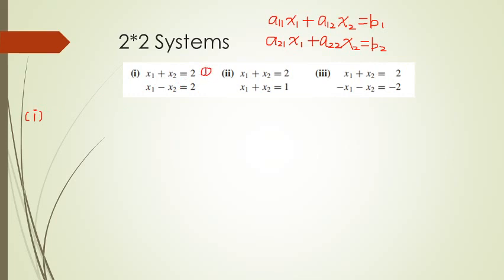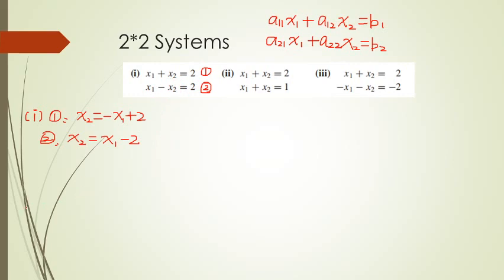So we can rewrite both equations. Equation number one, x2 equals minus x1 plus 2, and equation 2, x2 equals x1 minus 2.